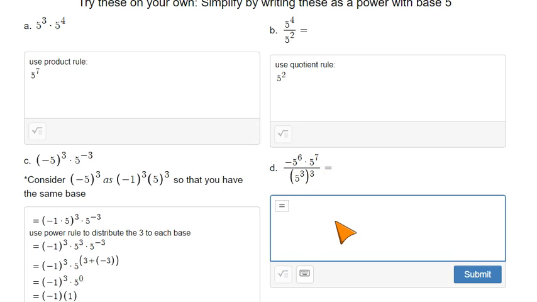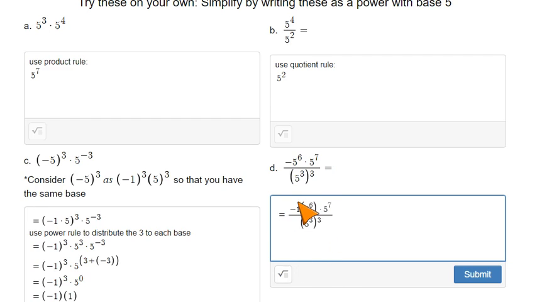So I could rewrite it as negative 1 times 5 to the power of 6 times 5 to the power of 7, and all divided by 5 to the power of 3, raised to the power of 3.